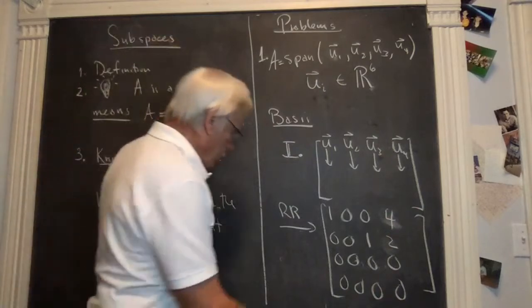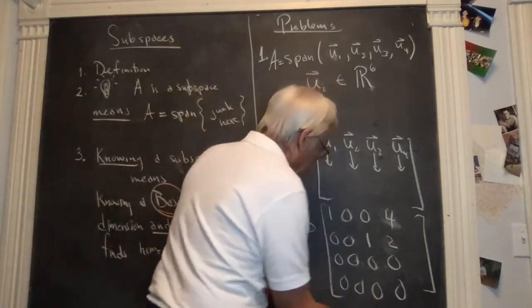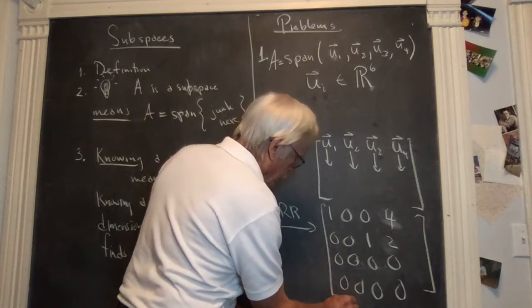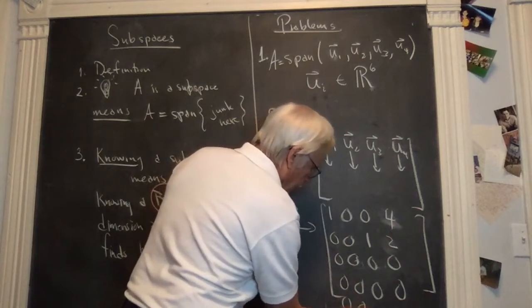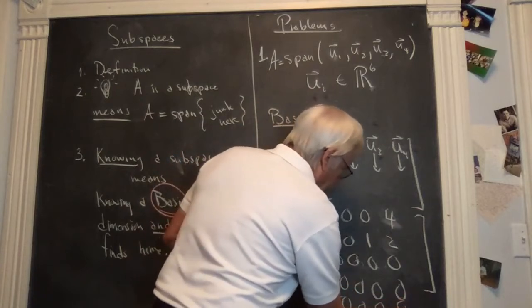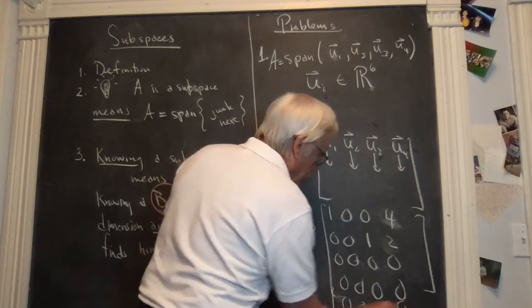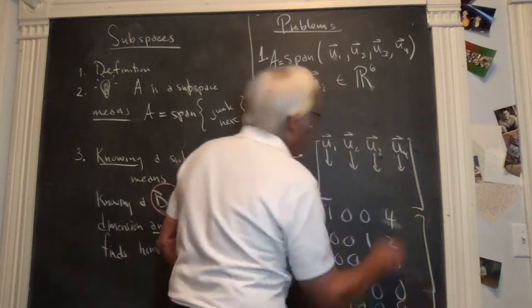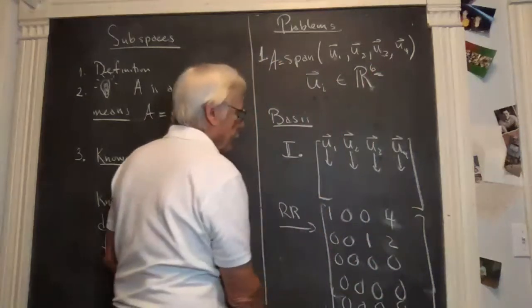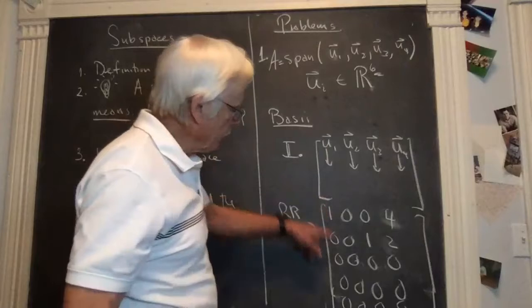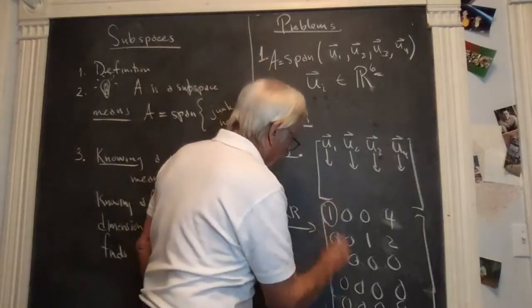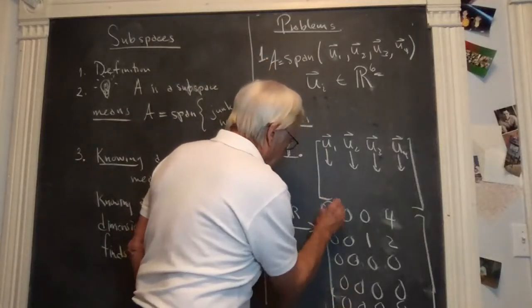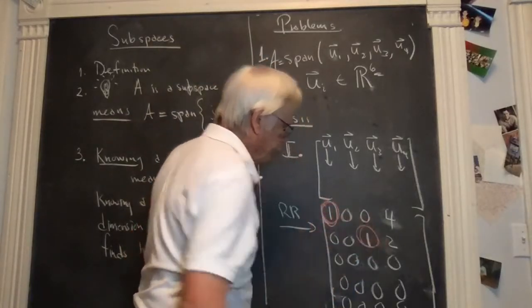So these vectors were in R6. So I need 6 components: 1, 2, 3, 4, 5, 6. In the last one too, I didn't give enough components, because I have them in 6-dimensional space. So these are in 6-dimensional space, and we only have 2 pivots. Here's a pivot, and here's a pivot.